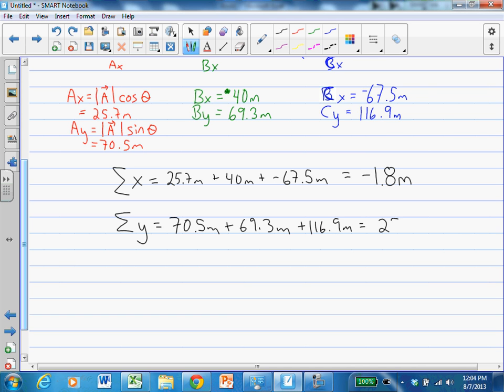To get the overall displacement of these, or our overall r magnitude, we take the square root of the sum of the x's squared plus the sum of the y's squared.